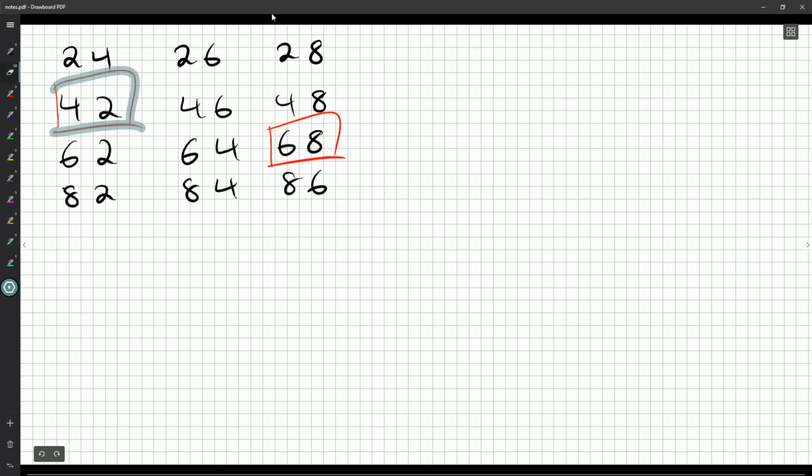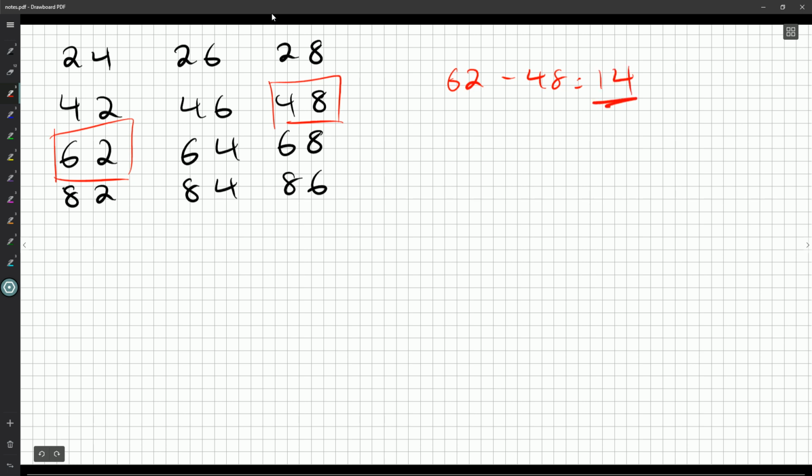And you can play around with this with them all listed out, and it won't take too much difficulty to find it. You know, for example, you can see quite nicely 48 and 62 are really, really close together. And then you say, 62 and 48. What's the difference there? Well, 14.